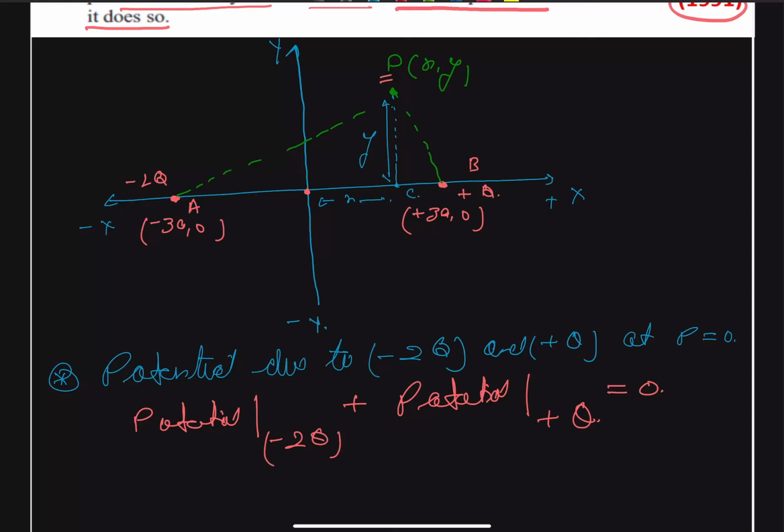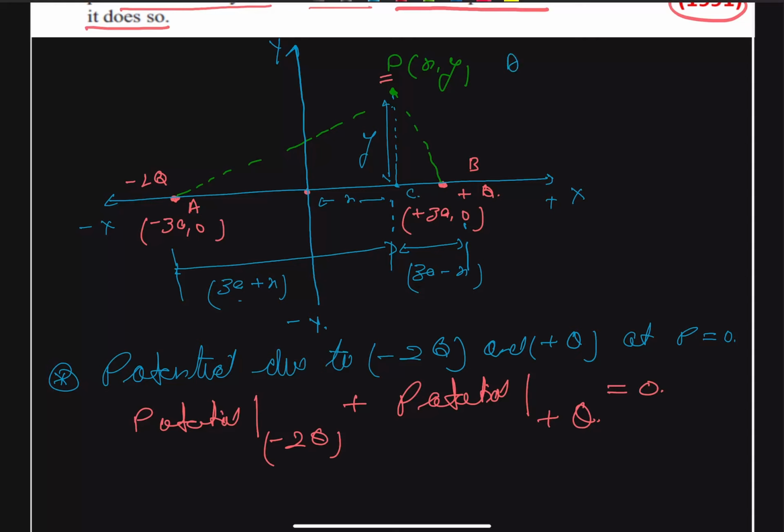Let us call this point C. This total distance will be equal to 3a plus x, and this distance will be equal to 3a minus x, the distance of this point C. So this distance AP will be equal to the square root of y square plus 3a plus x whole square.